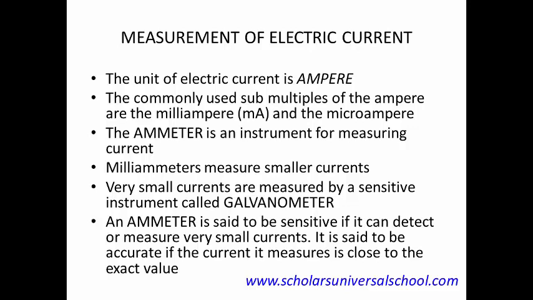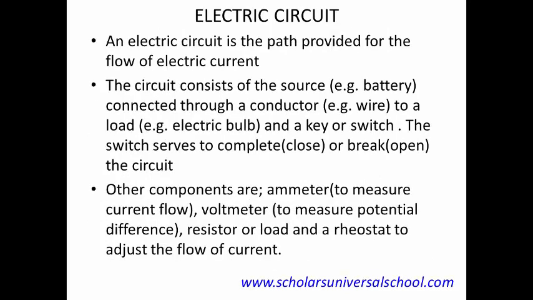Now, there's something we call the sensitivity of an ammeter. An ammeter is said to be sensitive if it detects or measures very small currents. And an ammeter is said to be accurate if the current it measures is close to the exact value. So you could be asked to define the sensitivity of an ammeter or the accuracy of an ammeter.